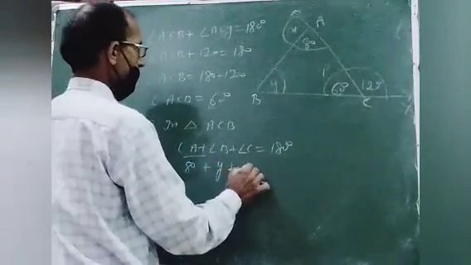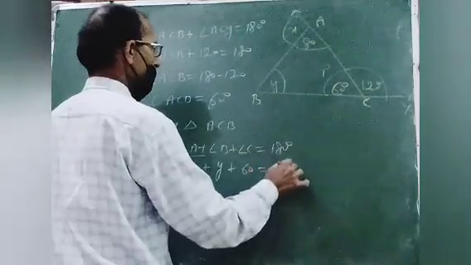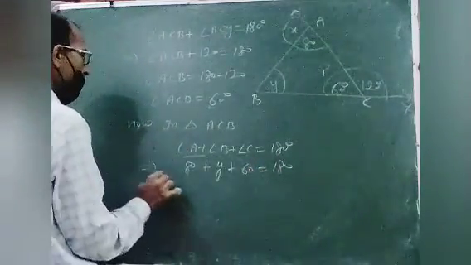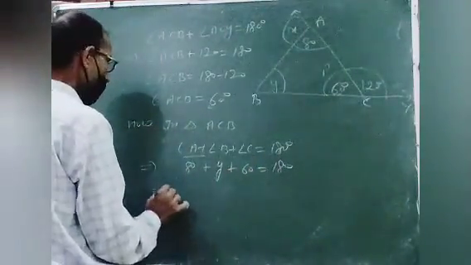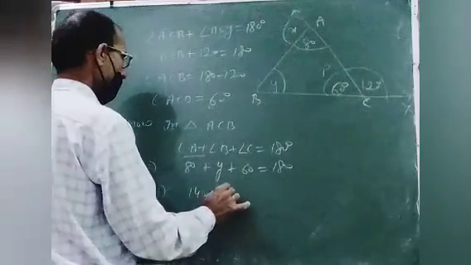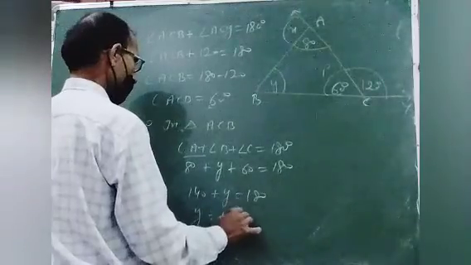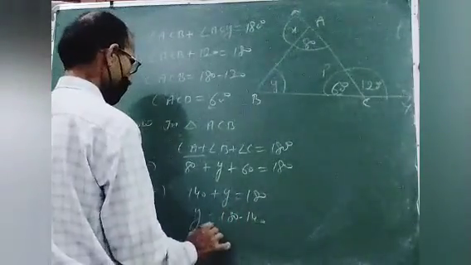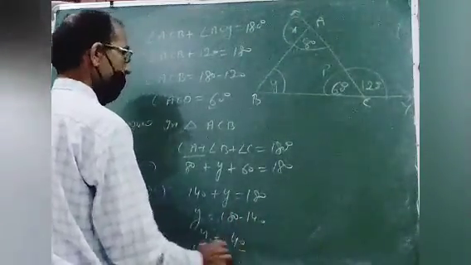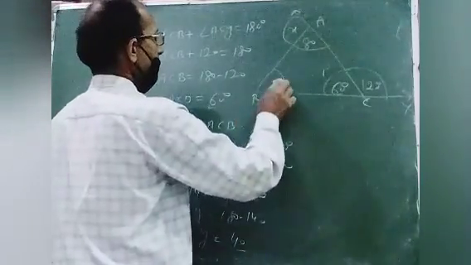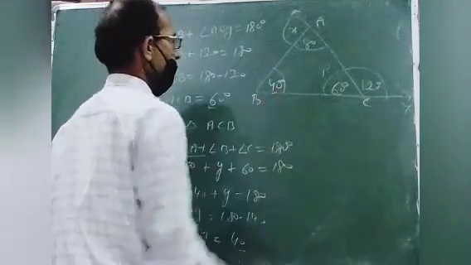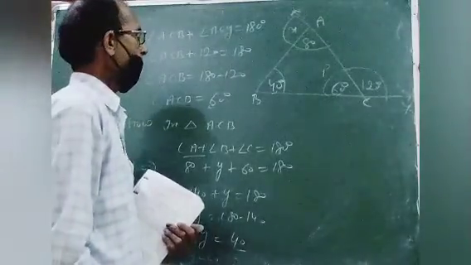Angle C is 60 degrees. So 80 plus 60 is 140, plus y is equal to 180. So y will be 180 minus 140. y will be 40 degrees. So we got the measure of angle y.